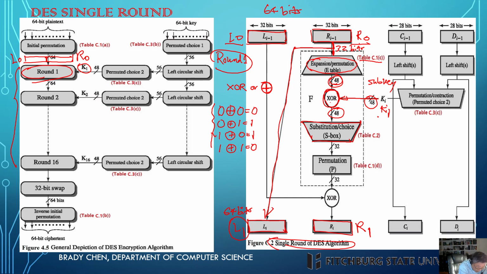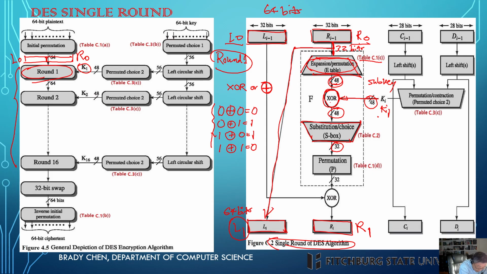The S-box basically reduces the 48 bits to 32 bits. Now it's back to 32 bits. So first we expand from 32 to 48, then mix with the subkey to create 48, and then you shrink to 32.